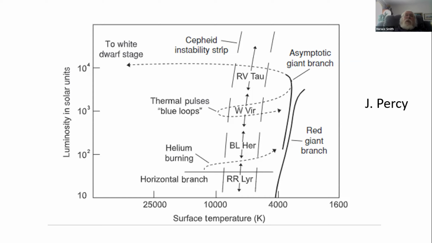For the W Vir stars, some of them may be evolving redward, some blueward, and whether or not these thermal pulses, blue loops into the instability strip, exist, well, that's a matter of some debate at the moment. So they may or may not contribute to the problem. And finally, we get up to the top of the instability strip in the RV Tauri realm, and now we're going to be evolving mostly blueward, heading toward the white dwarf stage.